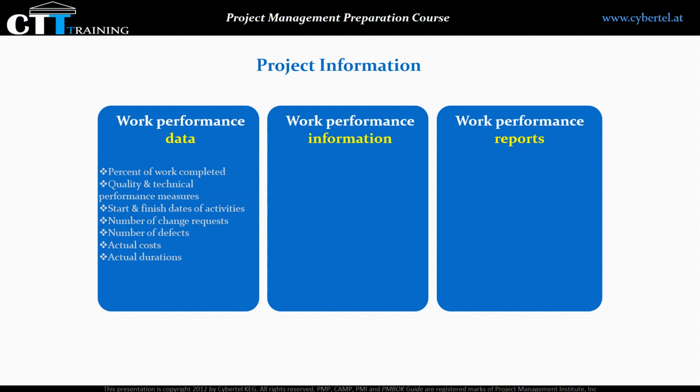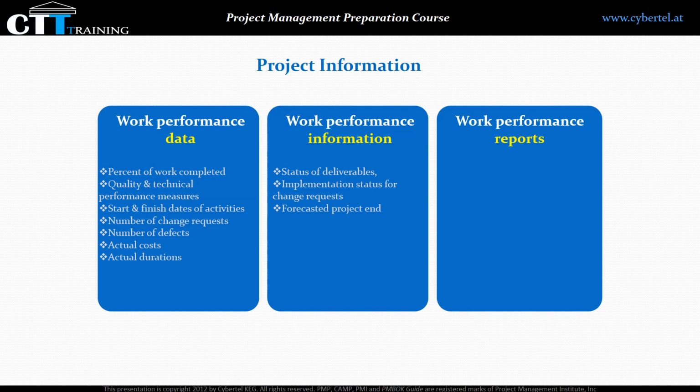Work performance information. This is the performance information collected from several controlling processes, showing the current status and relationship to other areas. Examples of work performance information are status of deliverables, implementation status for change requests, and forecasted end date.